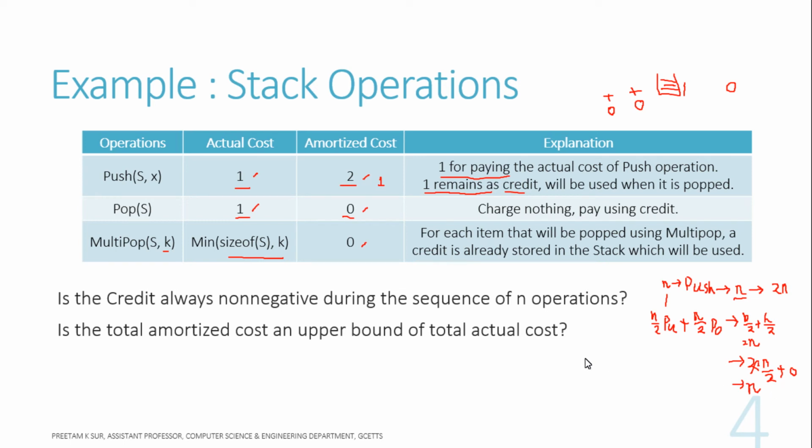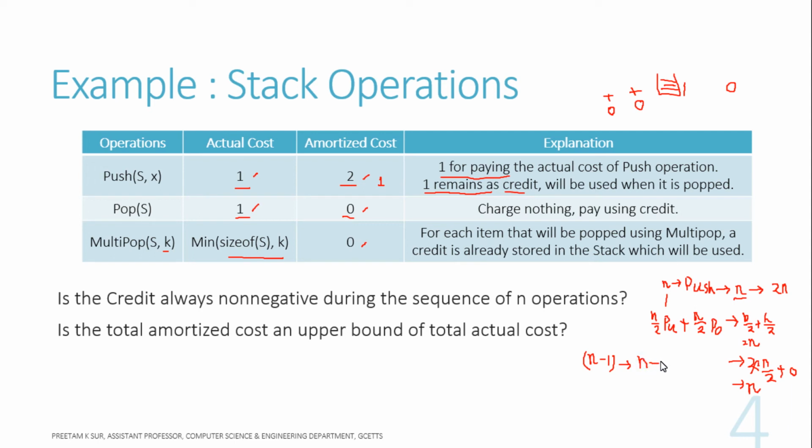Now consider the case where the first n minus 1 operations are push operations. In that case the actual cost is 1 for each of the push operations, so the actual cost is going to be n minus 1.